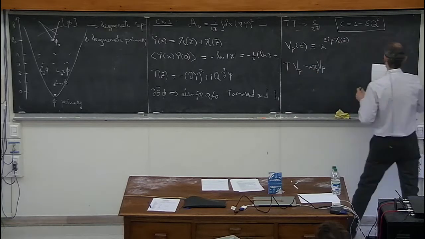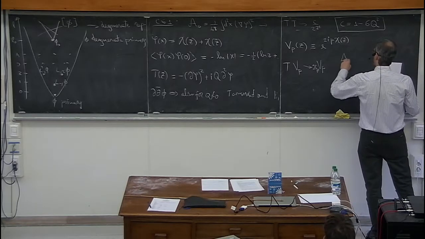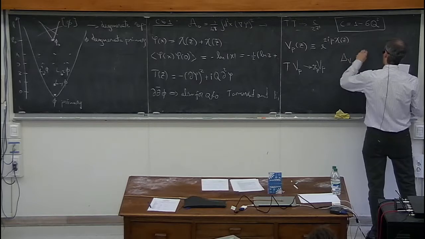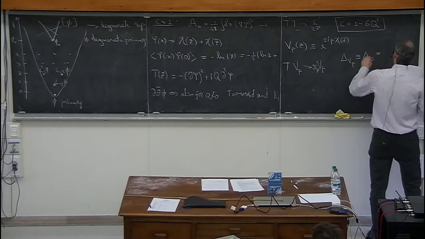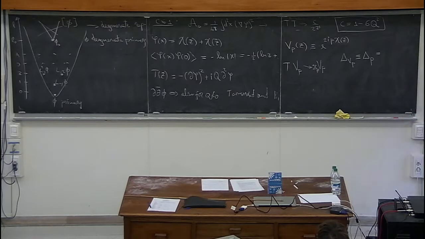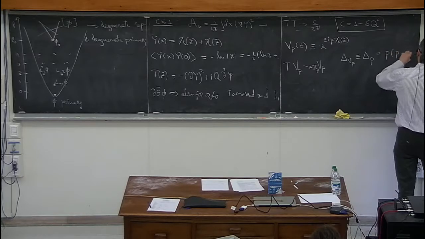And you can read off. So I use this notation. This is the scaling dimension of the vertex operator. I call it delta P, and the result for this is this.